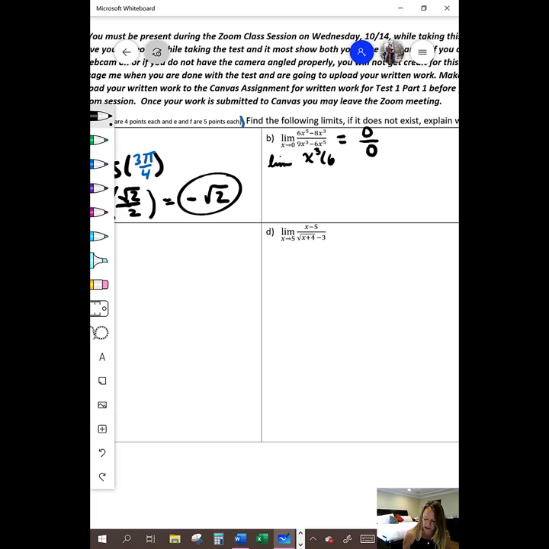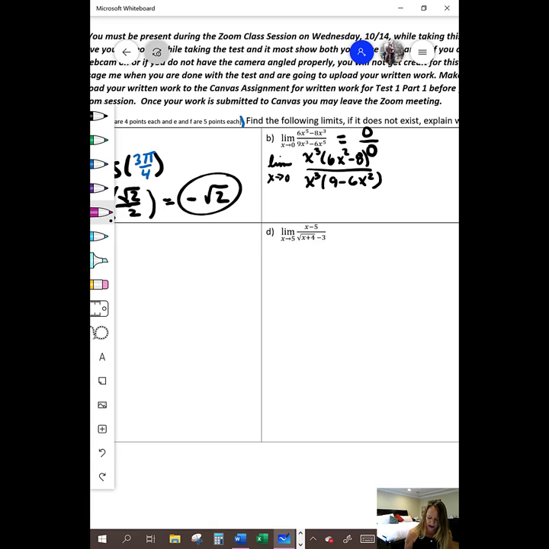Pulling just out the x cubed, this leaves me with 6x squared minus 8, all over, and here in the denominator, I'm going to pull out the variable that they share in common. They both have an x cubed in common. If I pull out the x cubed, this leaves us with 9 minus 6x squared.